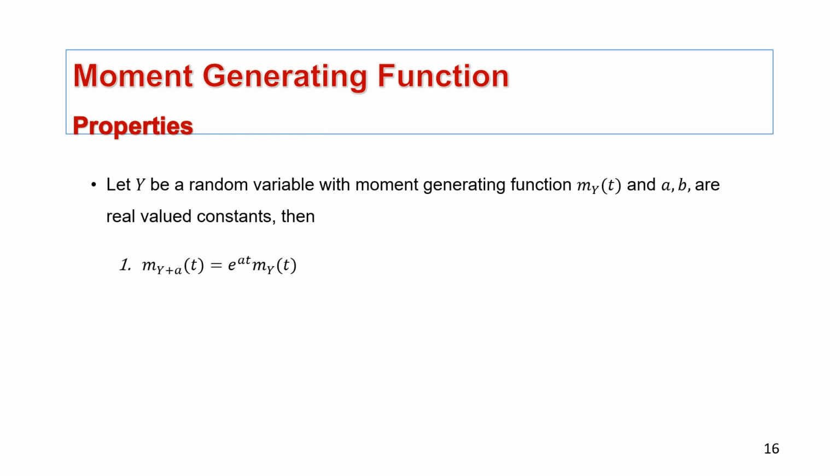Properties of the moment generating function. If y is a random variable with moment generating function M_y of t, and a and b are constants, then the moment generating function of, here we will have another variable, instead of y, I have y plus a.